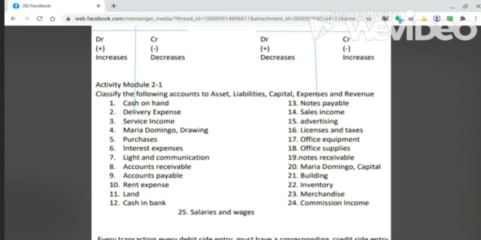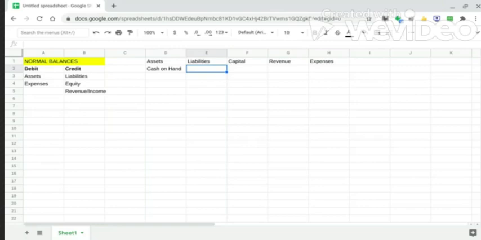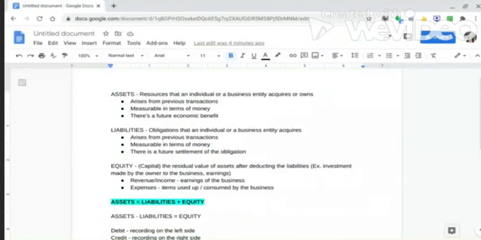Okay. So, medyo may clue kayo doon. But take note that not all account titles na may word na expense is an expense. So, i-analyze natin mabuti. Delivery expense. Kapag ba si business nagbayad ng delivery expense, ano siya? Tingnan natin kung asset ba siya.